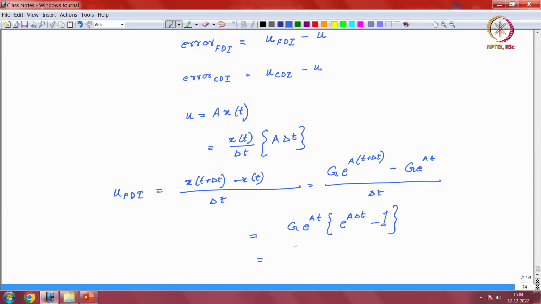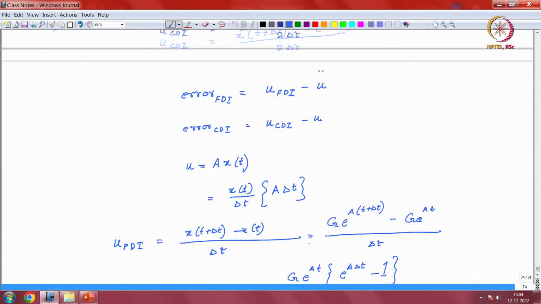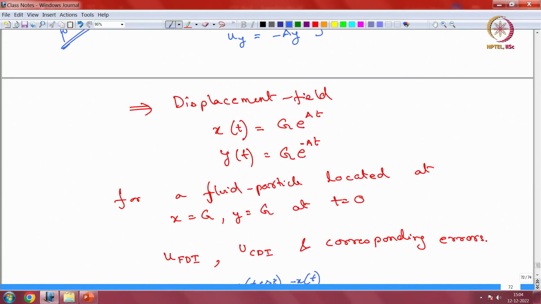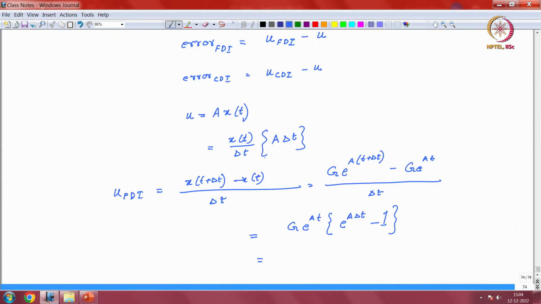So I can rewrite this entire thing as nothing but, if I go up, we have this expression for g e to the power at in terms of x, and I've forgotten a delta t here, so let me incorporate that. So this entire thing can be rewritten as delta t e to the power a delta t minus 1, right?